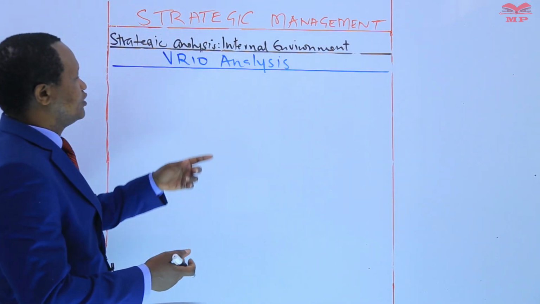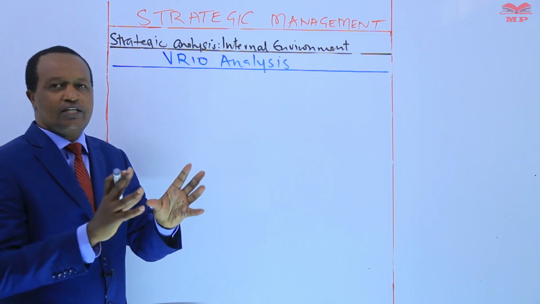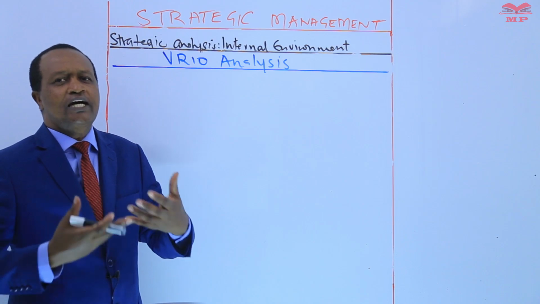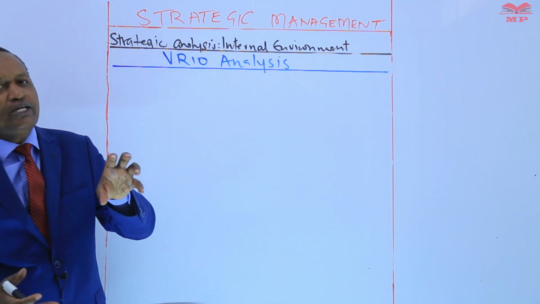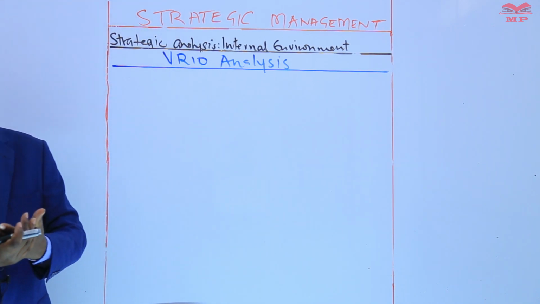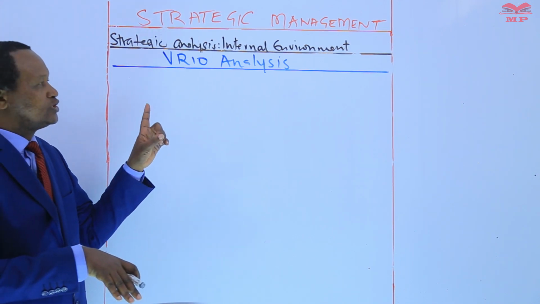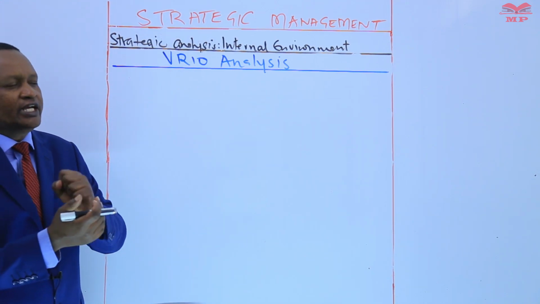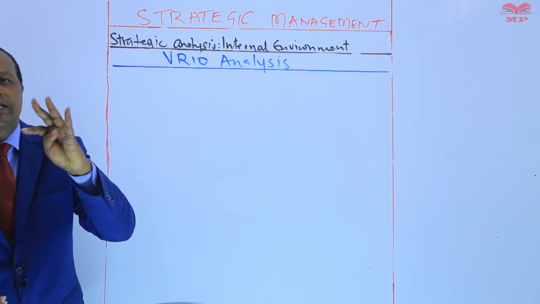The VRIO analysis is a framework that organizations can use as a strategic analytical tool to help them assess the competitive potential of their internal resources and capabilities. This tool evaluates resources and capabilities based on 4 key criteria.